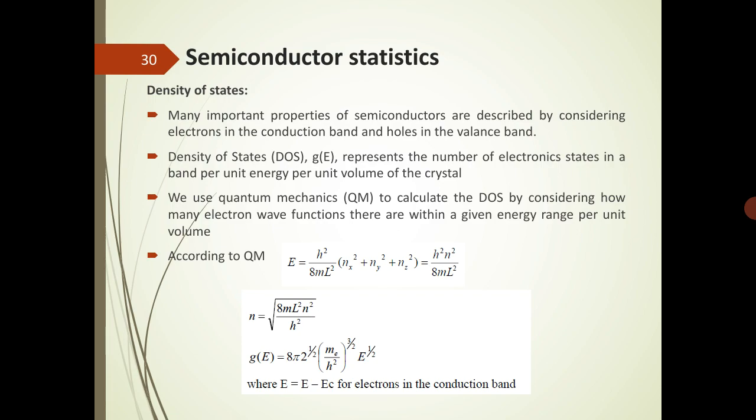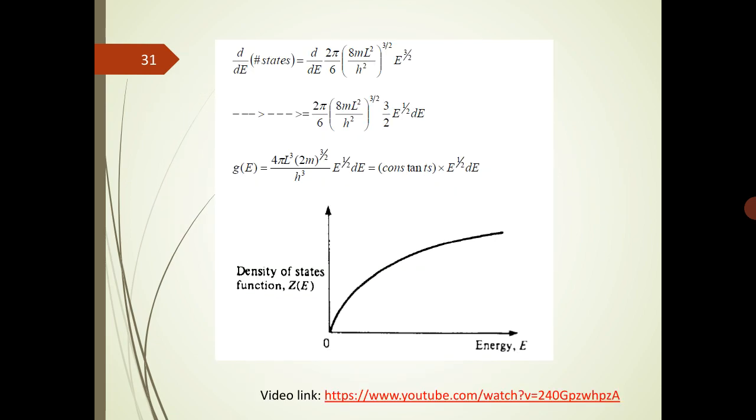So n is equal to the square root. I am rearranging that equation to find the value of n. While rearranging, I get n square is equal to 8mL square E divided by h square. Later I determine the density of states based on the energy and the n values. Here E determines the forbidden energy gap, so it is E minus Ec for the electrons in the conduction band.